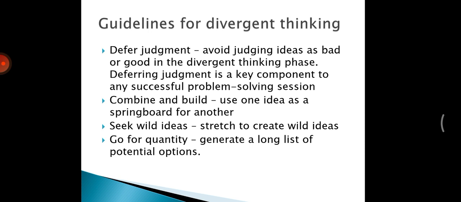As we generate a lot of options, we can already see that one option is connected to another. Then seek wild ideas: stretch to create wild ideas. Go for quantity. As long as we generate a lot of ideas, we can choose the best one for our problem.